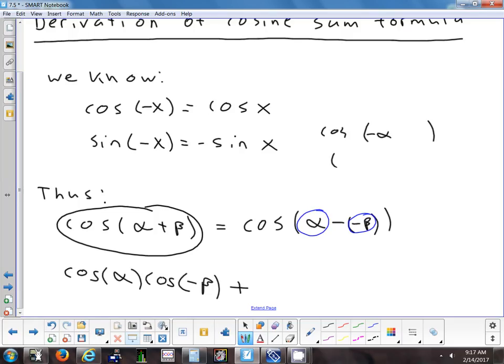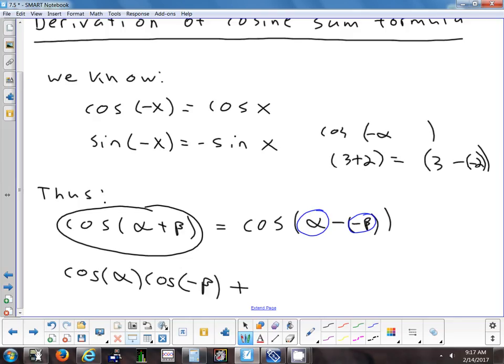So you're basically trying to take something like this and write it as subtraction. The reason we want to write addition as subtraction is because we already have a formula to deal with subtraction. So however you can rewrite this as subtraction is fine, but the only way that I can think to do it would be like that.